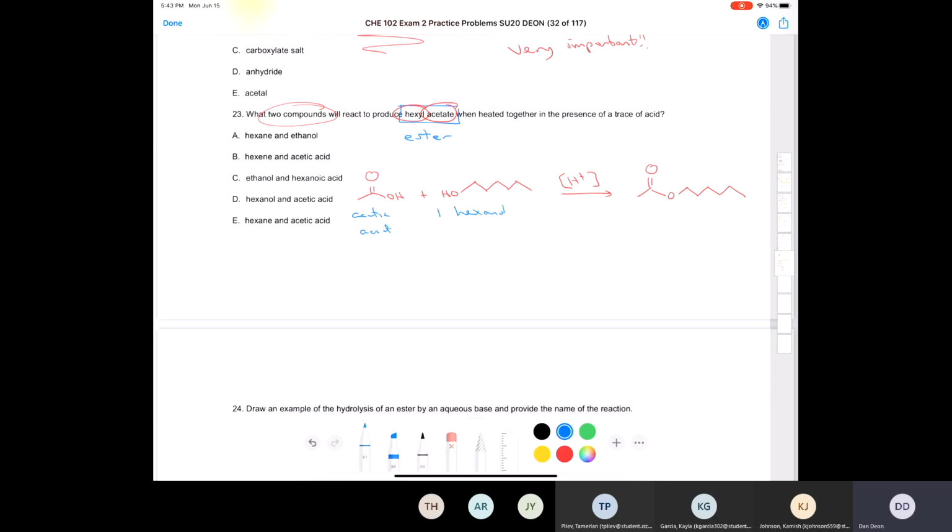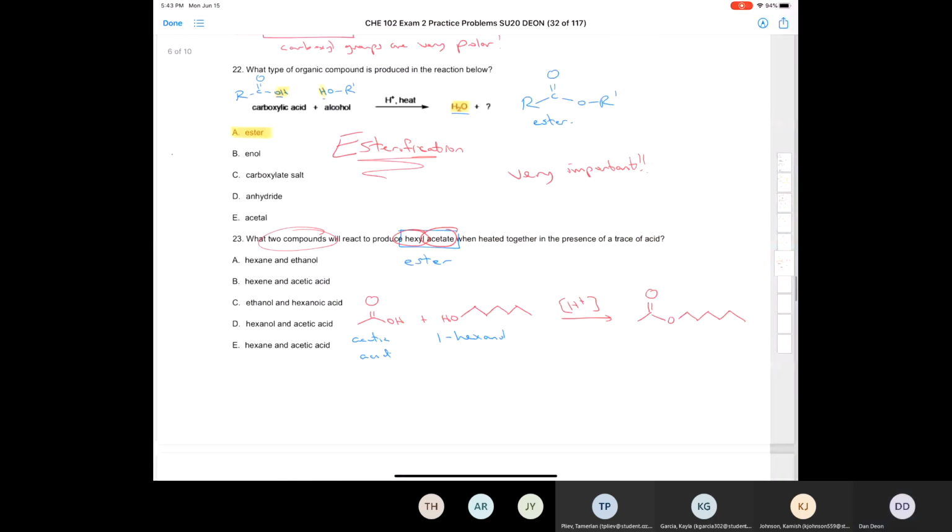Did anybody notice there's one thing missing from my balanced equation? Who can tell me what's missing from my balanced equation? What am I missing from this balanced equation? Plus what?